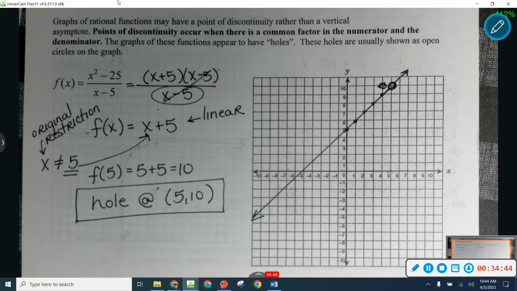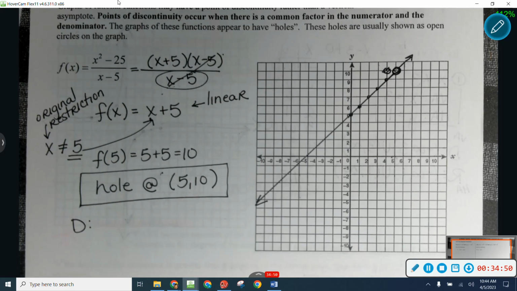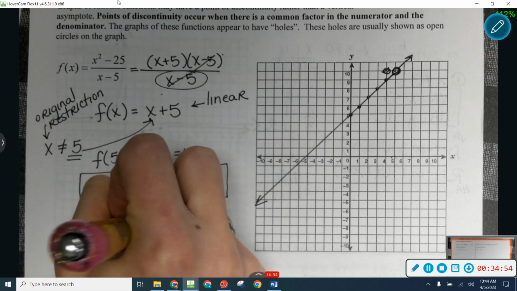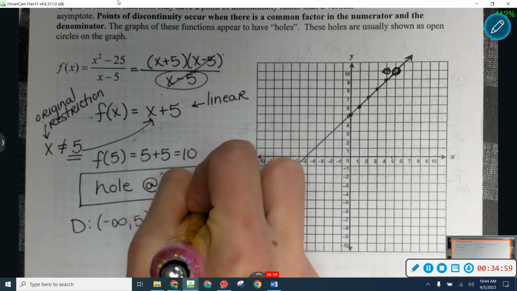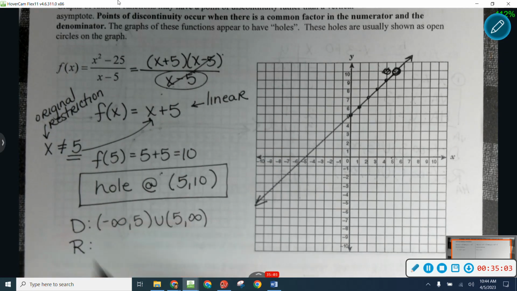So then my domain would be all real numbers except x cannot equal 5. Or interval notation would be negative infinity to 5, and then 5 to positive infinity. Now range would be all real numbers except y cannot equal 10.